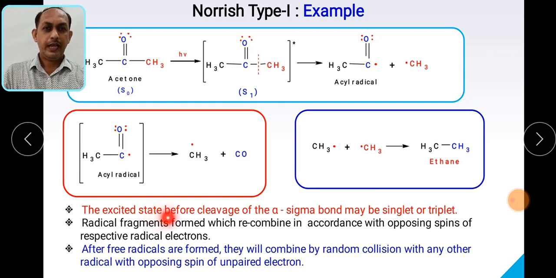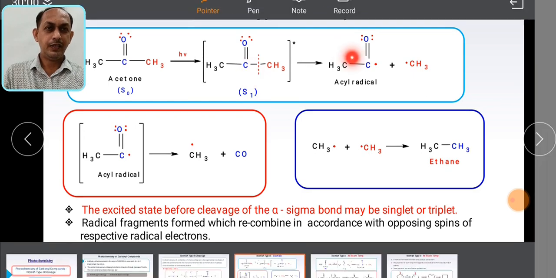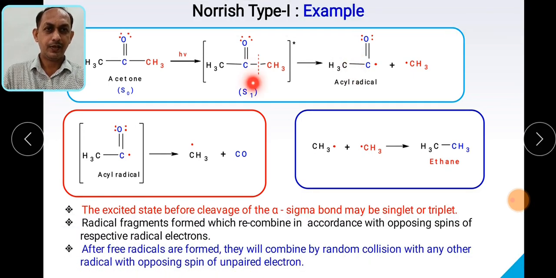The excited state before cleavage of the alpha sigma bond may be singlet or triplet. This one is the excited state. It may be either singlet or triplet, it doesn't matter, but most probably it will be singlet. Whatever radicals form after this excited state recombine in accordance with the opposite spin of the respective radicals.